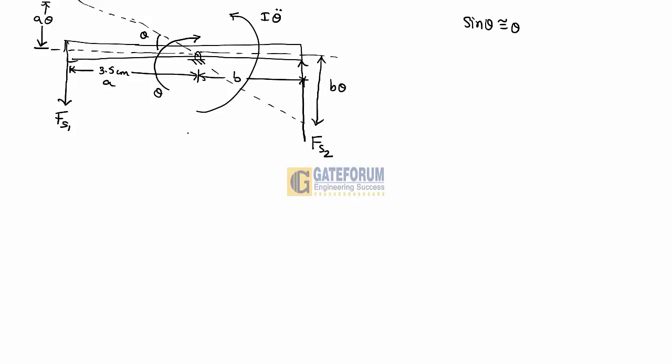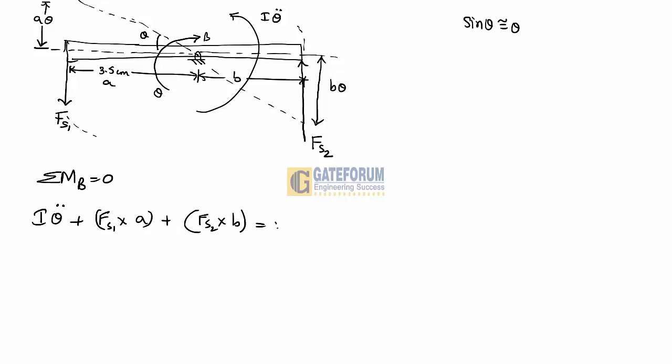Taking moments about point B: I theta double dot plus Fs1 into A plus Fs2 into B is equal to 0.